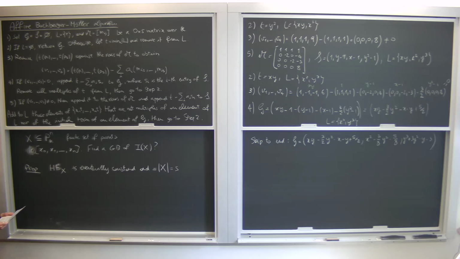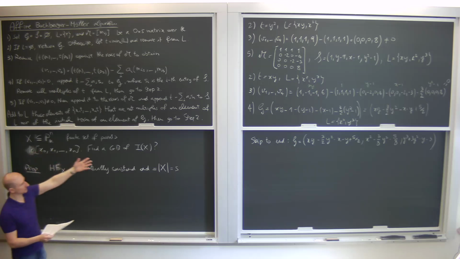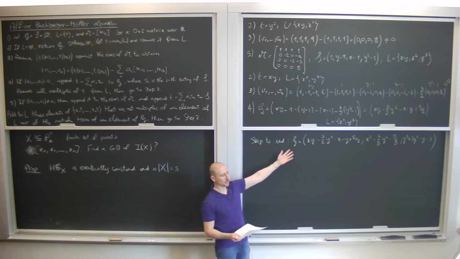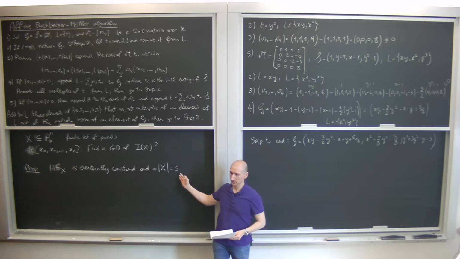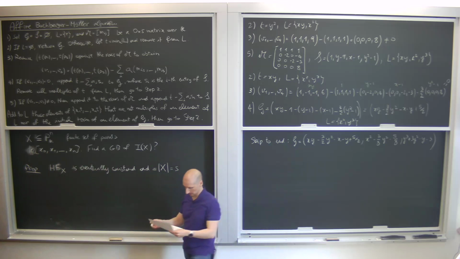So how do we modify the algorithm? We proceed degree by degree, and we stop when we have something that looks like this. If we take the initial ideal, we can easily compute a Gröbner basis and then find that it matches what we expect for the set of S points.